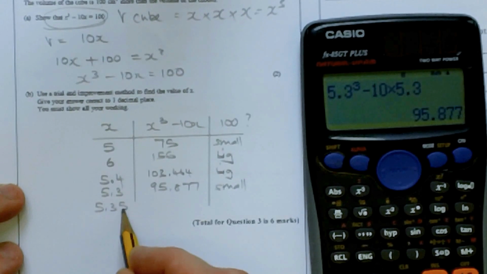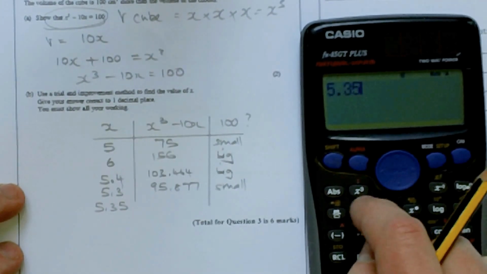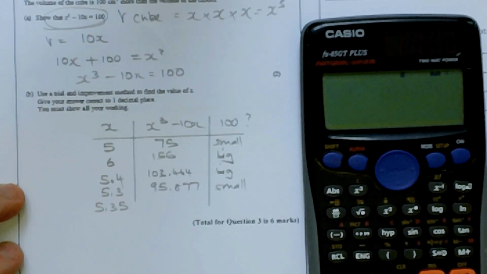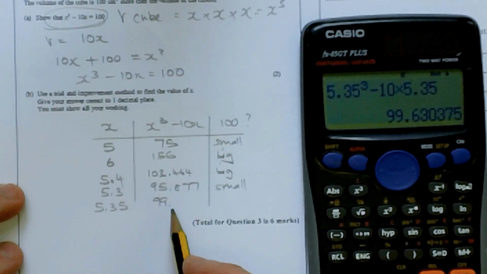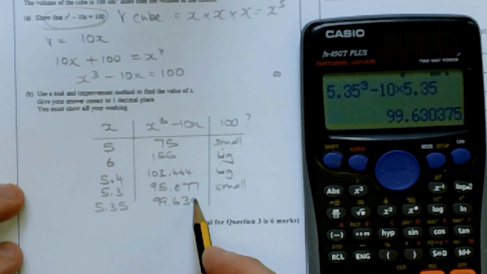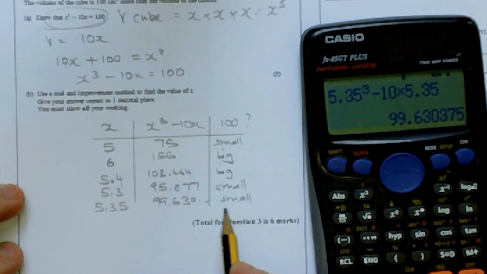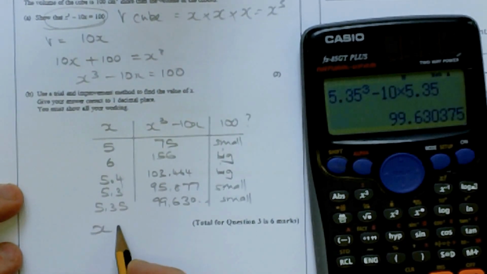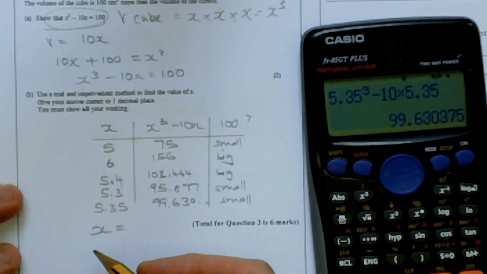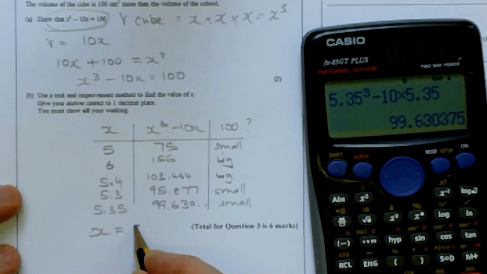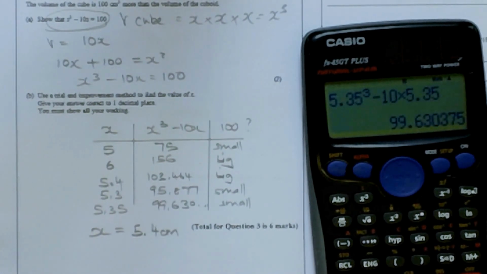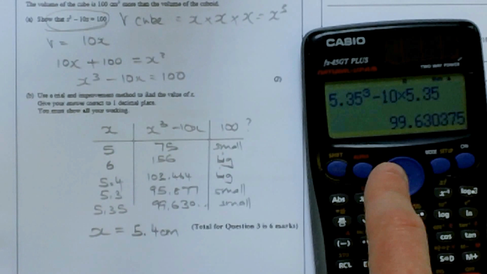So again, we try the midpoint. 5.35 cubed minus 10 lots of 5.35 is 99.630 and so on, which is too small. Therefore, a final step, nice and clear, x equals 5.4 centimeters.